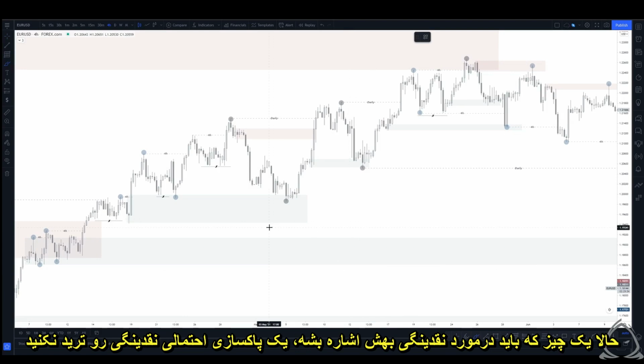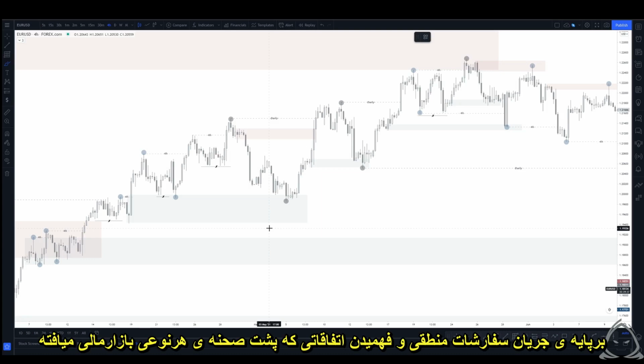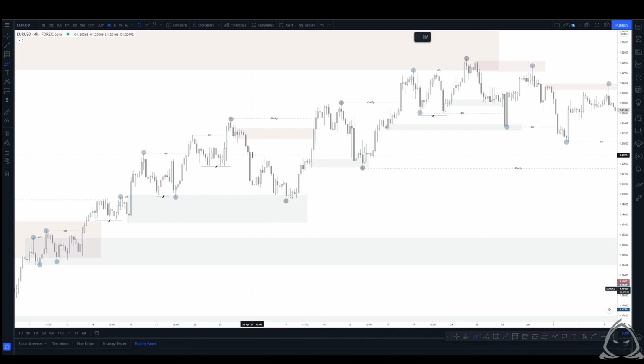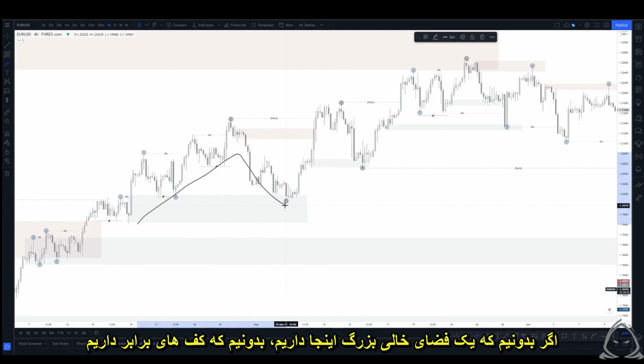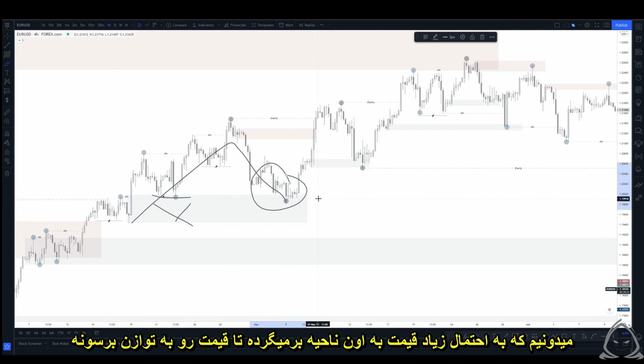Now, one thing to note about liquidity is don't trade anticipating a particular sweep of liquidity or a potential fill of a void, things like that. Liquidity is just an understanding of where price is likely to go based on logical order flow and the inner workings of any financial market. If we know that we have a large void right here, we have equal lows, and we have a demand zone, there's a high probability that price is going to move back down into that area and rebalance.